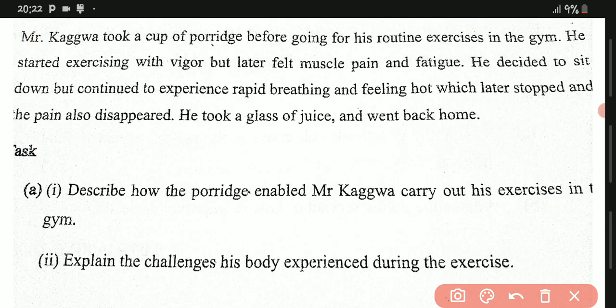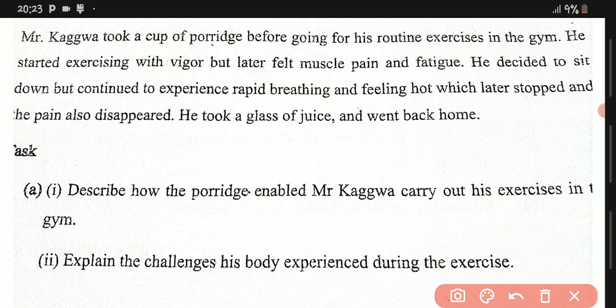Then the second time we are going to read and underline. So we are saying Mr. Kagwa took a cup of porridge. So you underline that this person took a cup of porridge before going for his routine exercises in the gym. Then he started exercising with vigor, but he later felt muscle pain and fatigue.